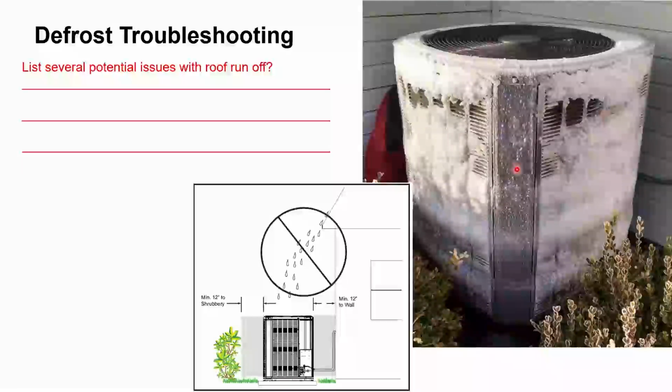This unit sat right in the corner where 2 pitches of a roof met, and the water drained right down the side of the house, onto the unit off of 2 different roof eaves. And so the reality of it is we couldn't defrost properly with this system. And I believe the homeowner said that it sounded like they were making margaritas outside every so often with the ice rumbling.